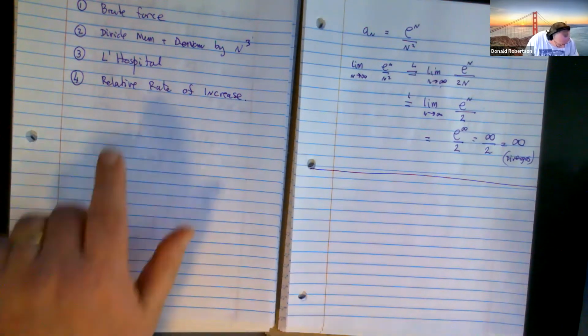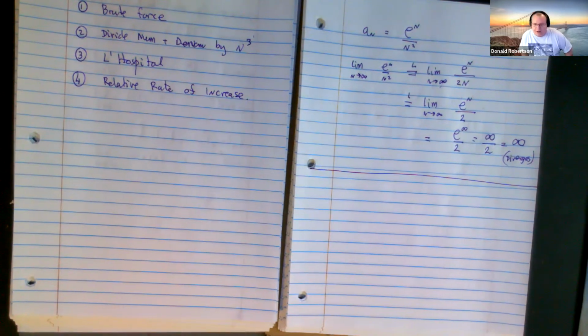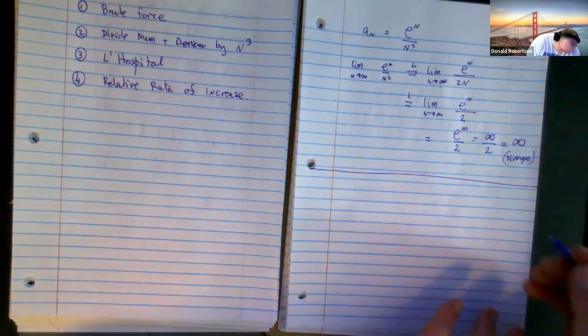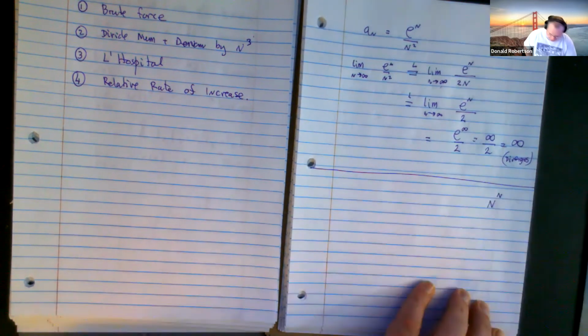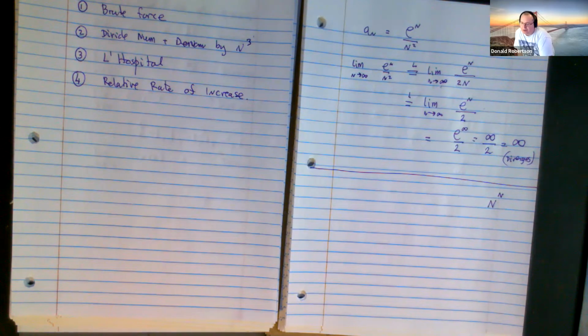The last one I'm talking about is called the relative rate of increase. To be able to do this one, you have to know which functions get bigger faster. The biggest thing in the world, as far as you're concerned, is n to the power of n.